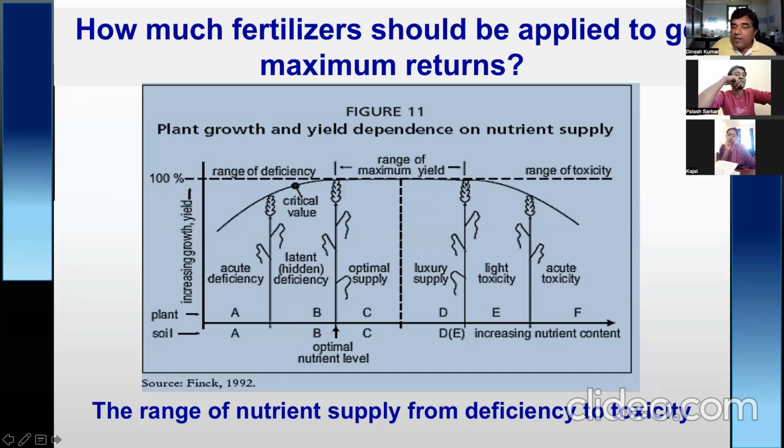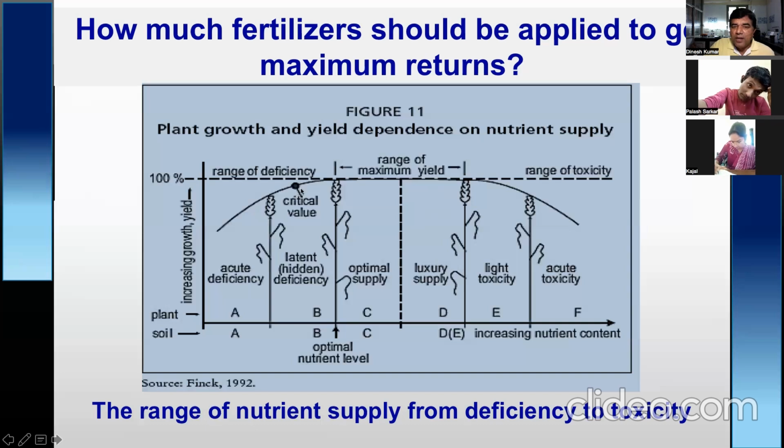And then for other nutrients, potassium is never toxic. It can be accumulated in excess, but it is not considered as a toxic nutrient. Toxicity is related to the micronutrients, not secondary nutrients or primary nutrients. Then initially there may be light toxicity of micronutrients, and then it can be acute toxicity.